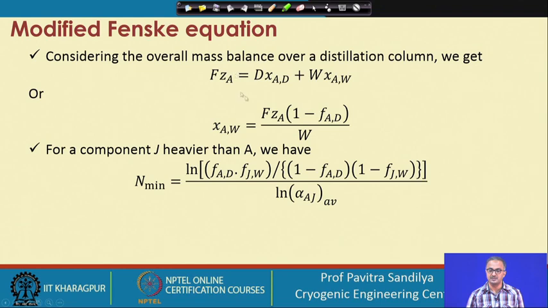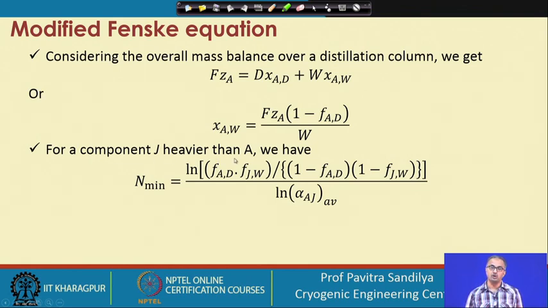If we rearrange the equation and put things in terms of the fractional recovery, then we find that the mole fraction of light key in the bottoms is given by the bottom flow rate, the feed flow rate, the mole fraction of the light key in the feed, and the fractional recovery.